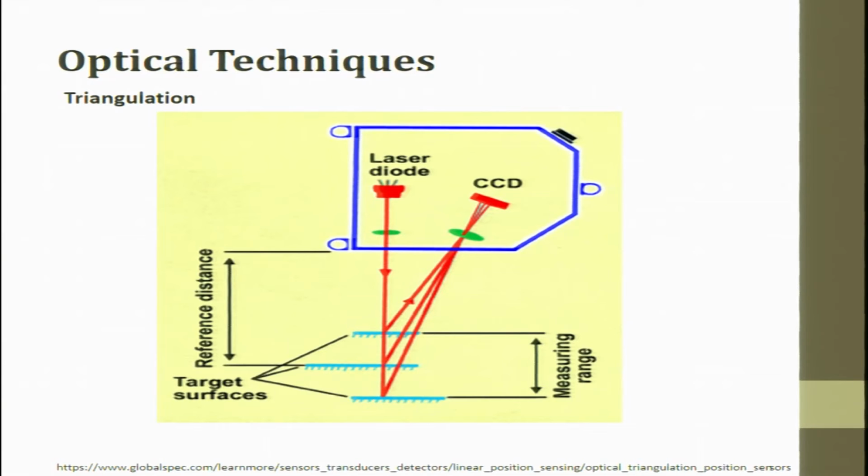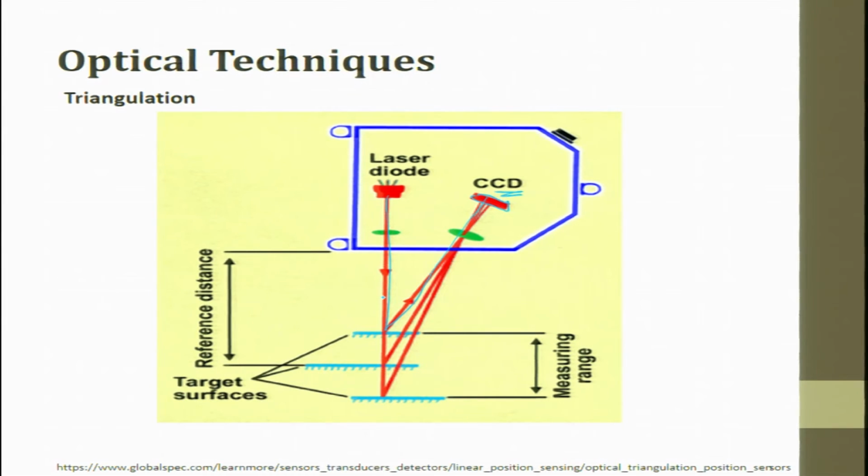So, this is triangulation. You can see the laser coming out of this, trying to hit the object, and then it reflects back, and here is a charge coupled device, which is nothing but a CCD camera. This is the range within which the object moves, this is the reference distance, and these are the target surfaces.